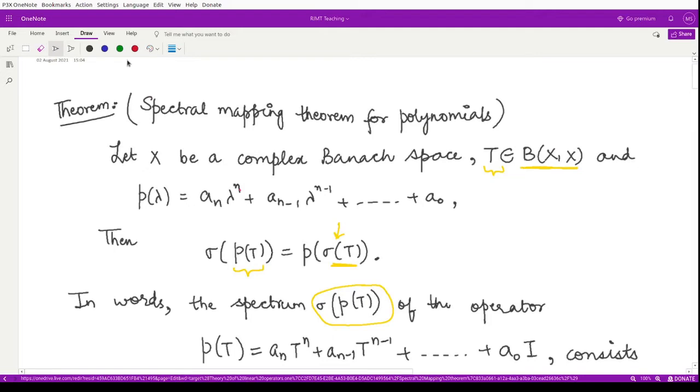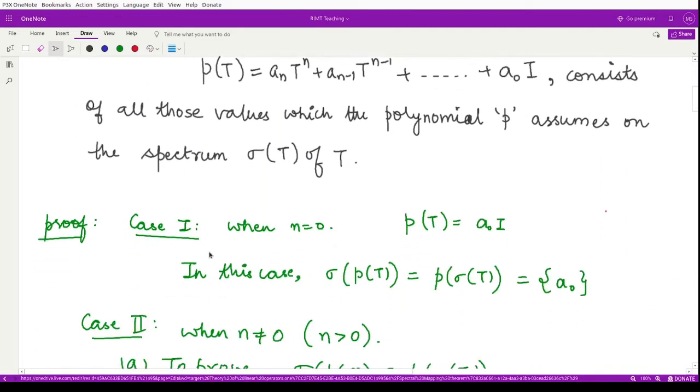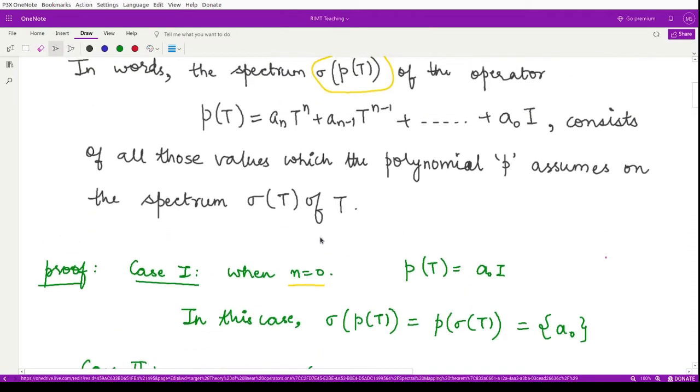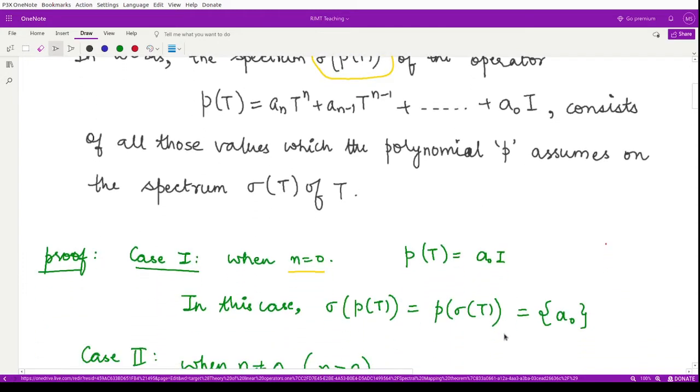So this is the statement. Let's move on to the proof of this theorem. Here we will assume two cases. When n is 0, that means the degree of this polynomial is equal to 0, so we have just a constant polynomial. In operator form, your polynomial would just be a naught into I, where I is the identity operator. What could be the spectral values for this constant polynomial?